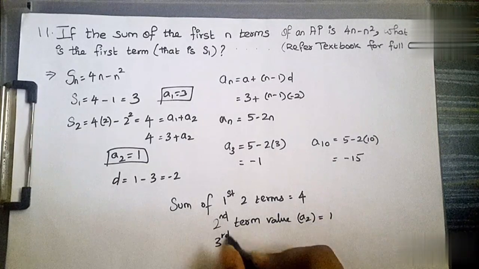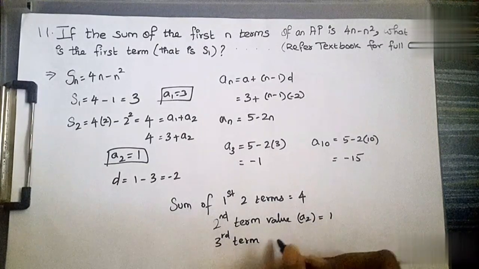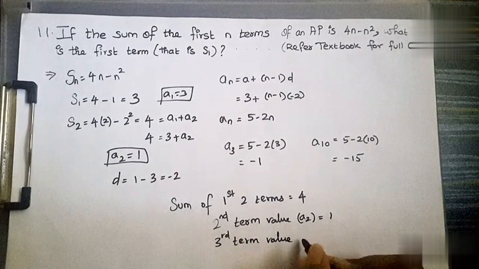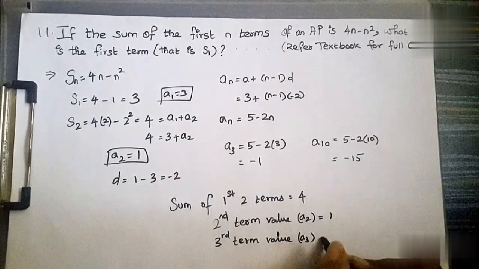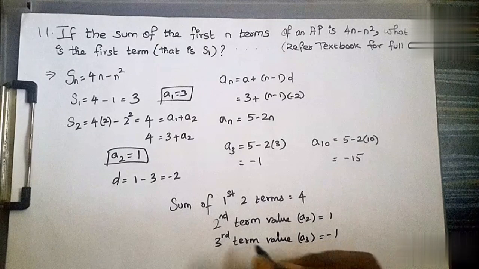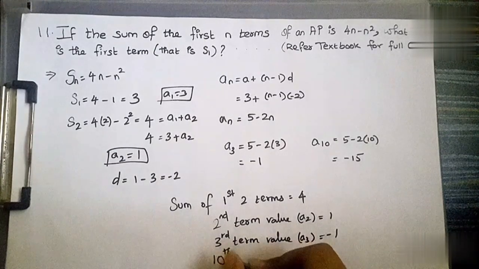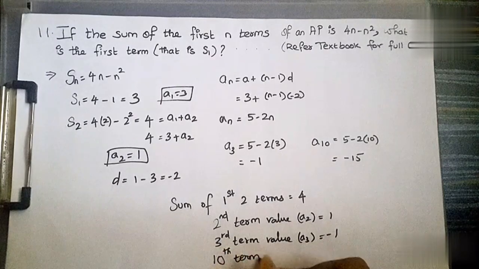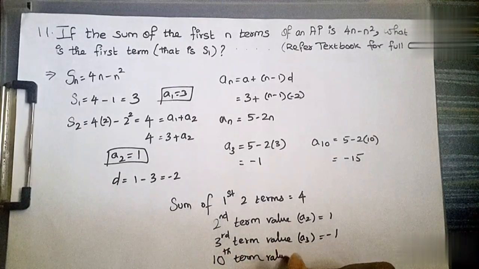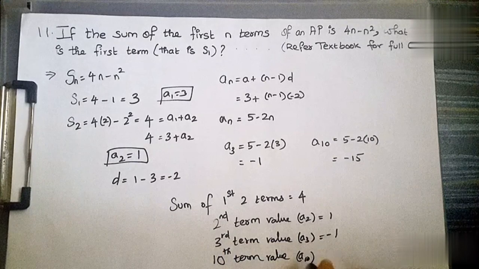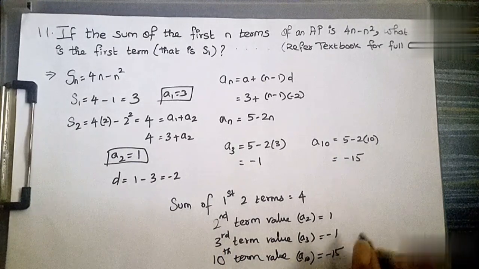Similarly third term value, that is A3, is equal to minus 1. Then they have asked us 10th term. A10 is equal to minus 15.